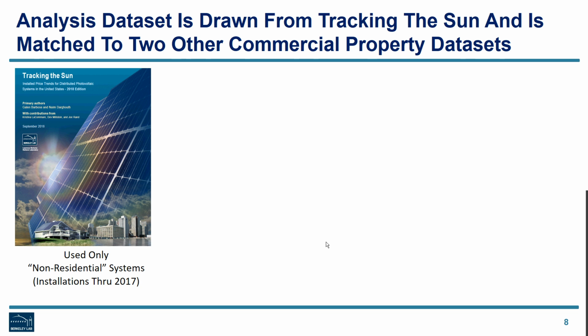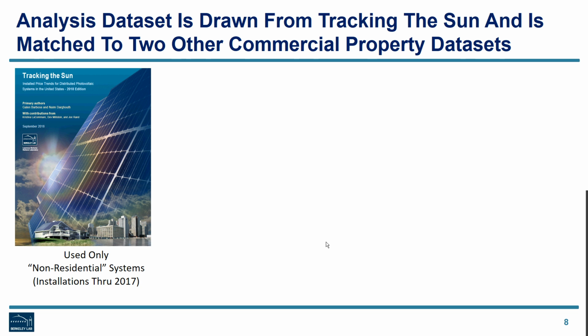And some of those data come to us with addresses attached. It's those records that we're most interested in and that we can use for this analysis because we can match them using that same address to other data sets. Now, sometimes we are told what type of property those systems are installed on. It might say residential, it might say commercial, it might say higher education.